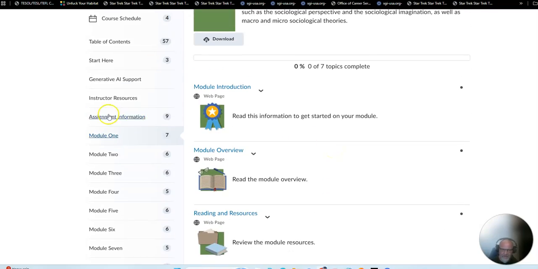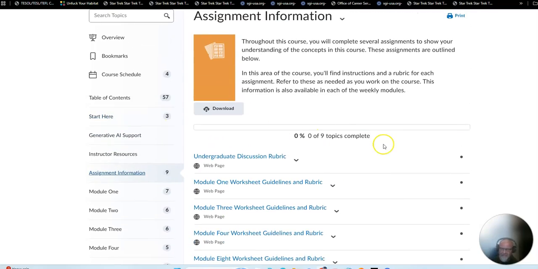But before we get to module one, let's look at the assignments for a minute. I think it's really important that we look at these assignments. A lot of people maybe don't understand what to do. Maybe you're new to this academic business, or maybe you're a veteran student.